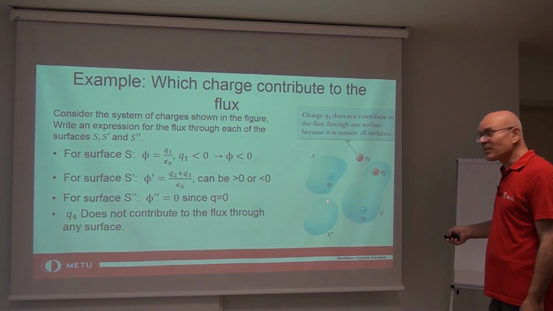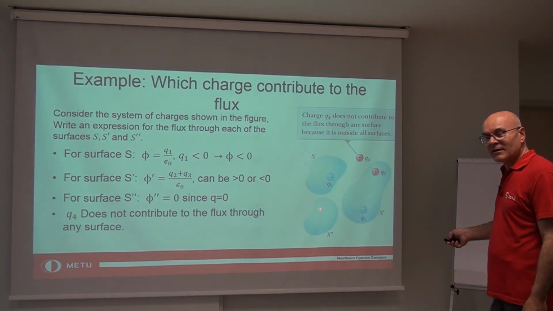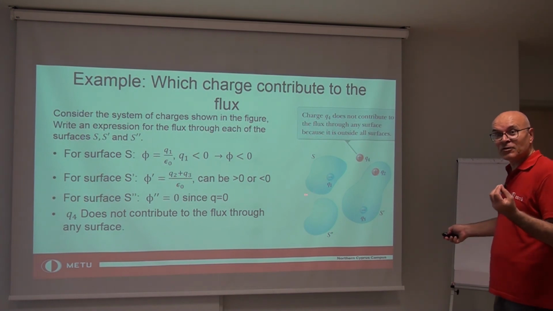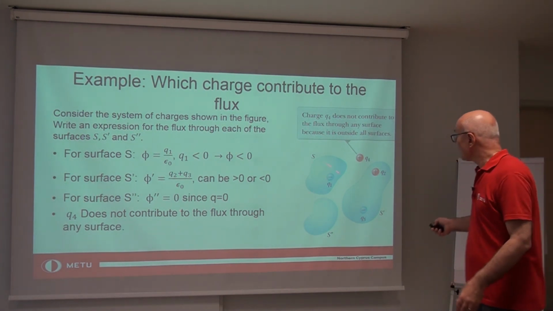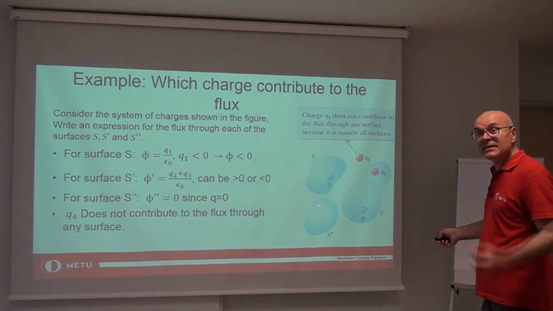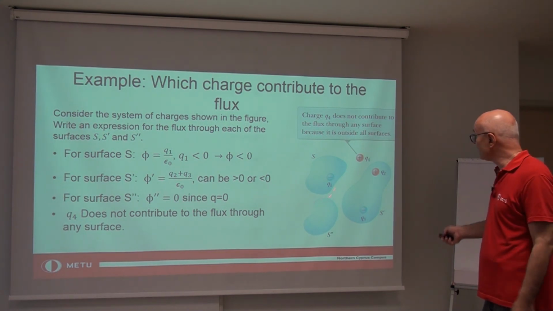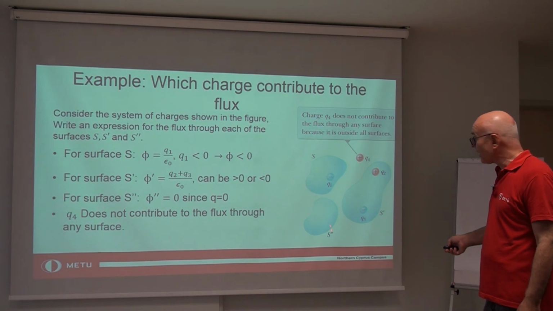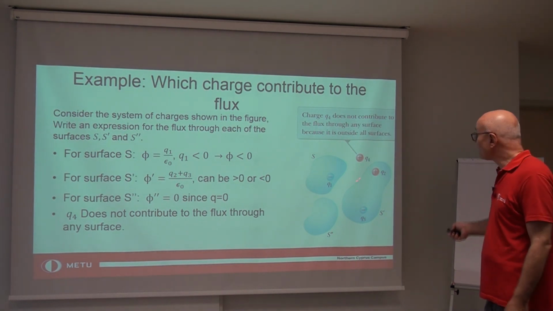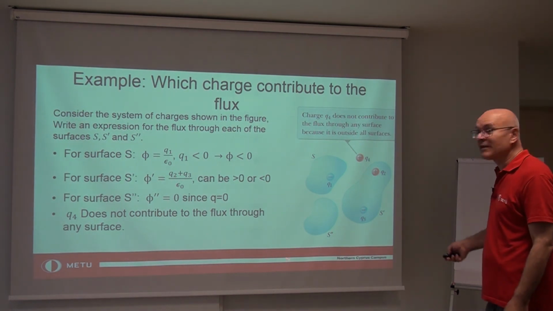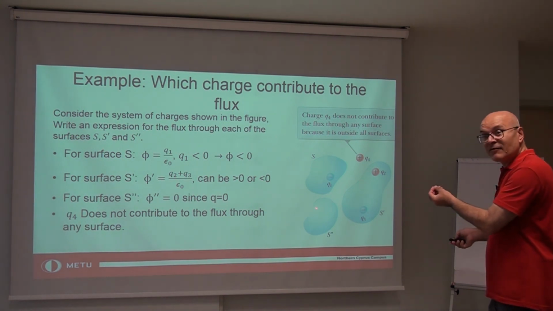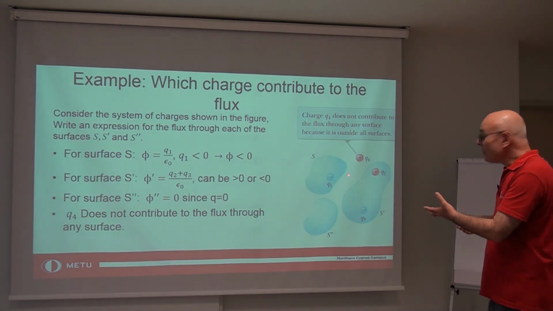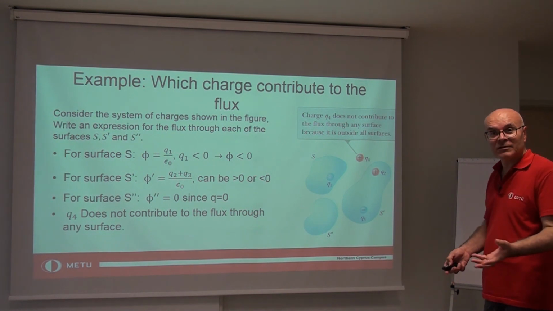But the field at S double prime here is not 0. It has contributions from all the charges. The field here is the superposition of the fields of Q4, Q1, Q2, and Q3 at each point on the surface. But because all of these charges are outside the surface, the electric field lines will be coming in and going out. Okay?